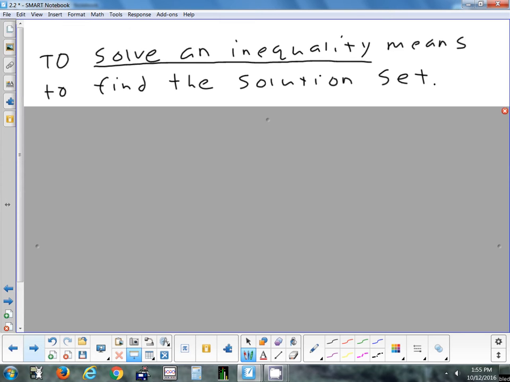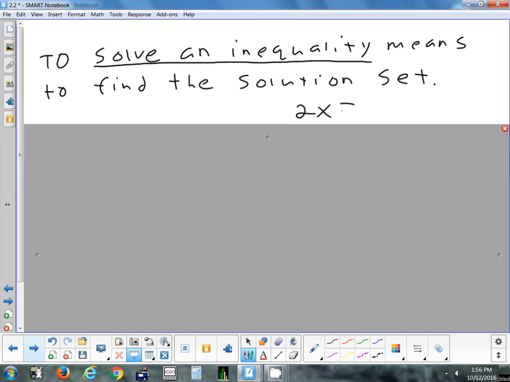When we solve equations, like if I gave you something like this, 2 times what is going to give you 8? 4. 2 times 4 would give me 8. Is there any other answer to this problem? No, that's the only answer.